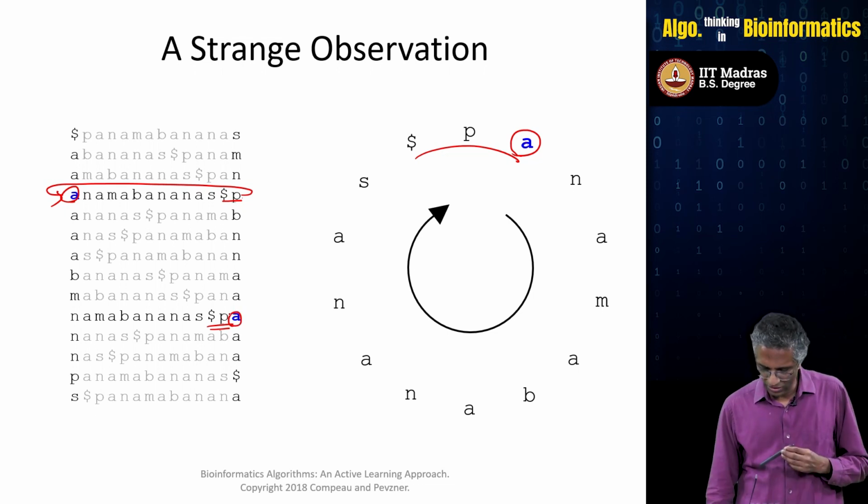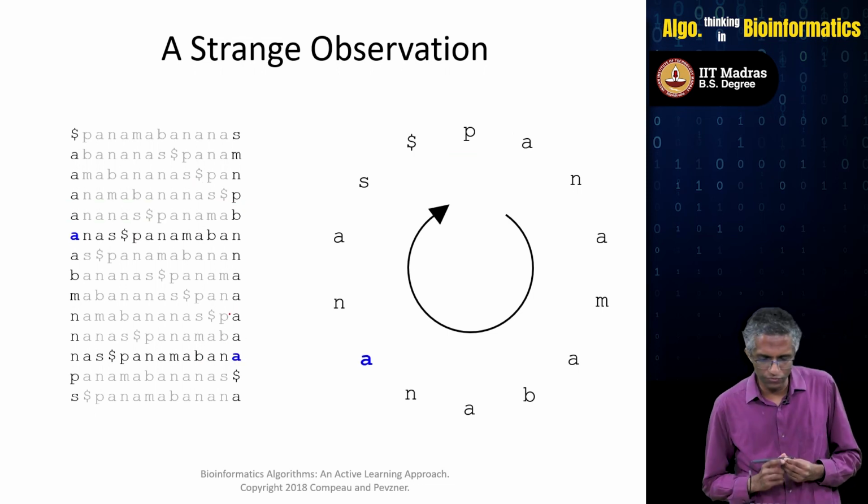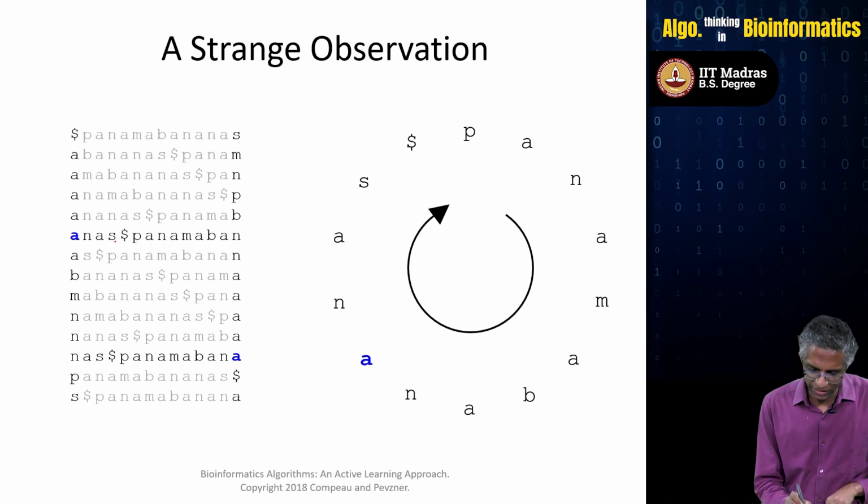Let's keep going and look at the fifth A. This is the A that occurs before the second one from the last, so A and A is dollar. Here also, this is the first A that is occurring, second A, third, fourth, fifth, and sixth. Let's also look here: 1, 2, 3, 4, 5, and 6.